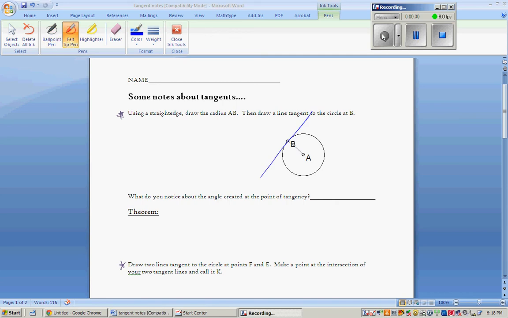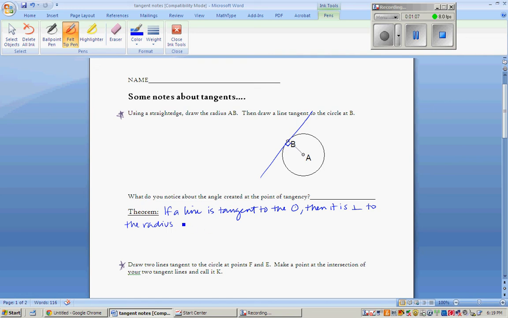and what the theorem is. If you drew the radius and the tangent, you can see that it does look like it forms a right angle. And in fact, it does. So the theorem goes that if a line is tangent to the circle, then it is perpendicular to the radius drawn to the point of tangency.